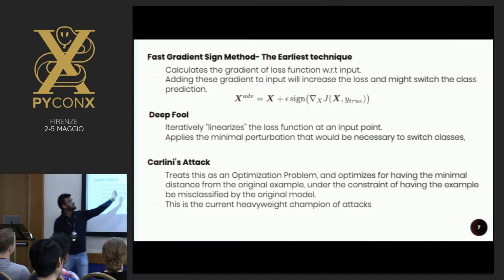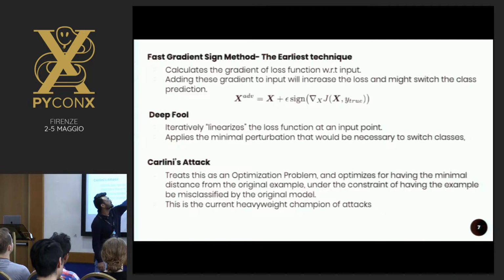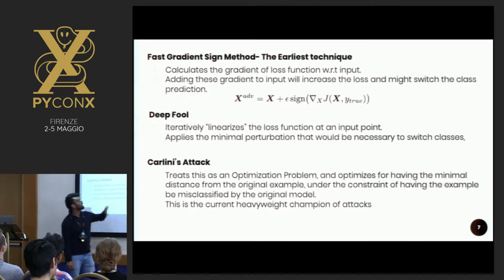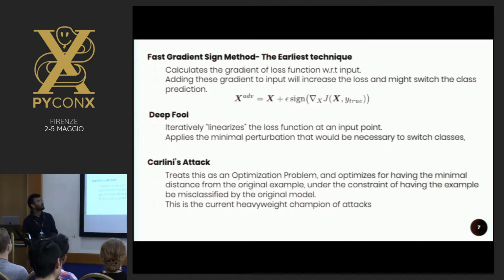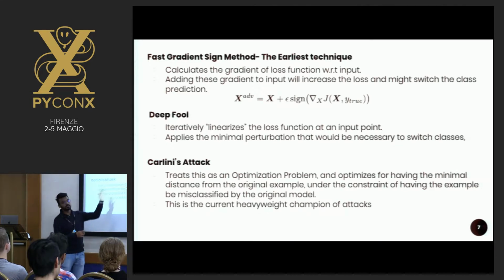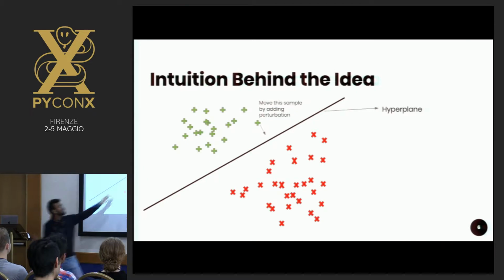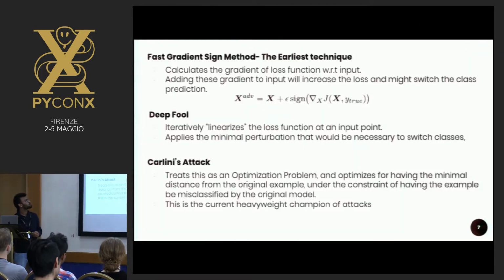So the gradient of J with respect to x and y gives us the gradient with respect to x. We just add it to the original image. In effect, it moves the input image from here to another class. This is what the fast gradient sign method does.